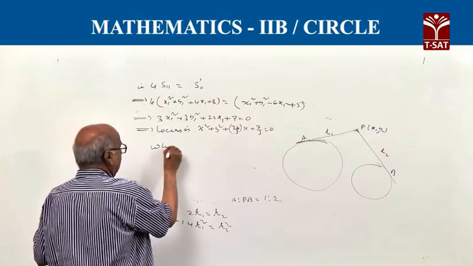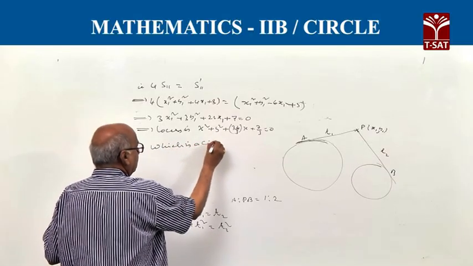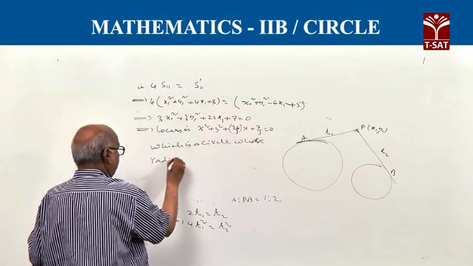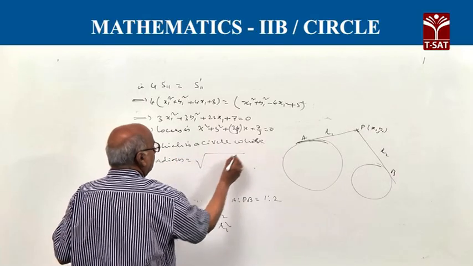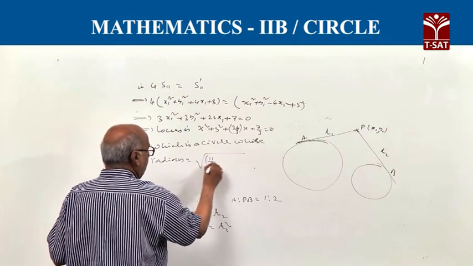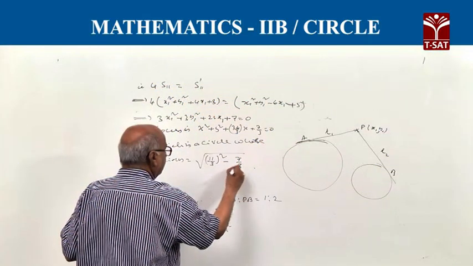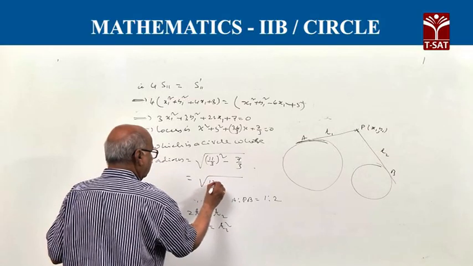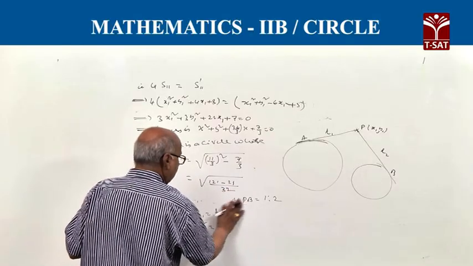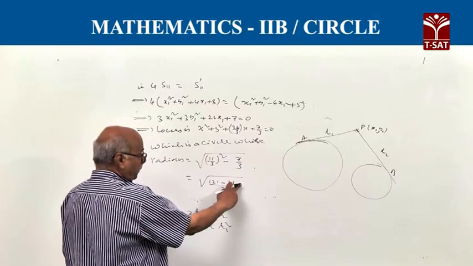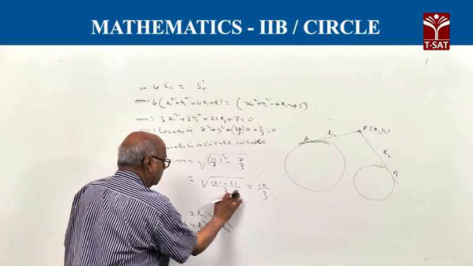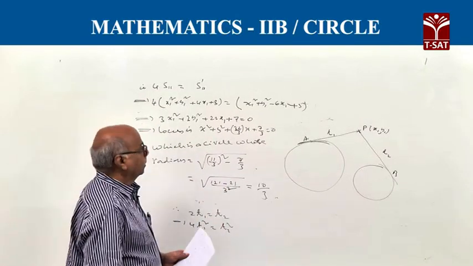Which is a circle whose radius is square root of 11 by 3 whole square minus 7 by 3, which is equal to square root of 121 minus 21 by 9, which is 100 by 9, so 10 by 3.